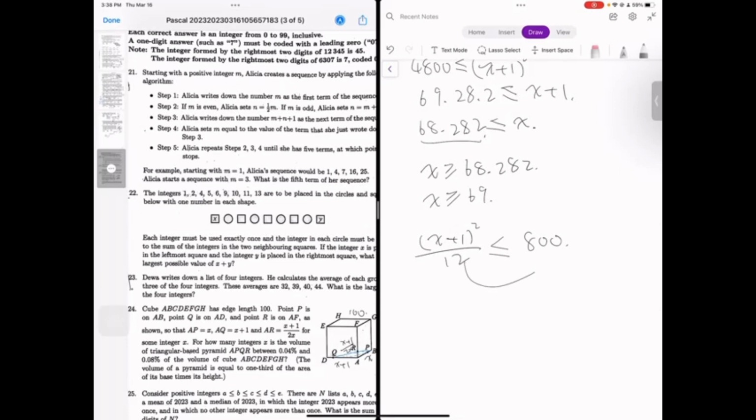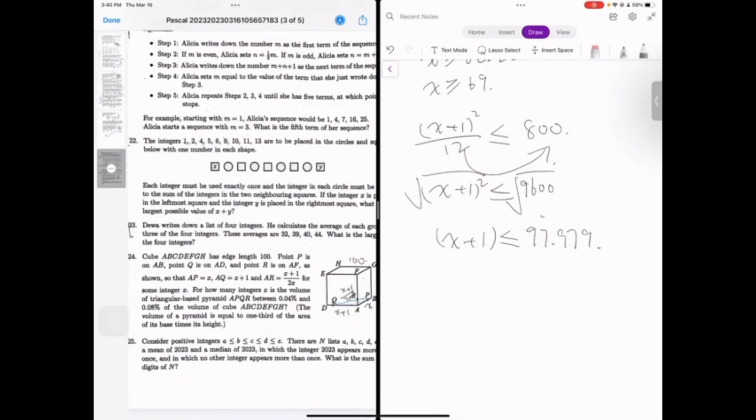And then we move this to the side, and we know that x plus 1 squared is less than or equal to 800 times 12, and that is 9600. And then we square root both sides. x plus 1 is less than or equal to 97.97 something, and then we know that x is less than or equal to 96.97 or something.